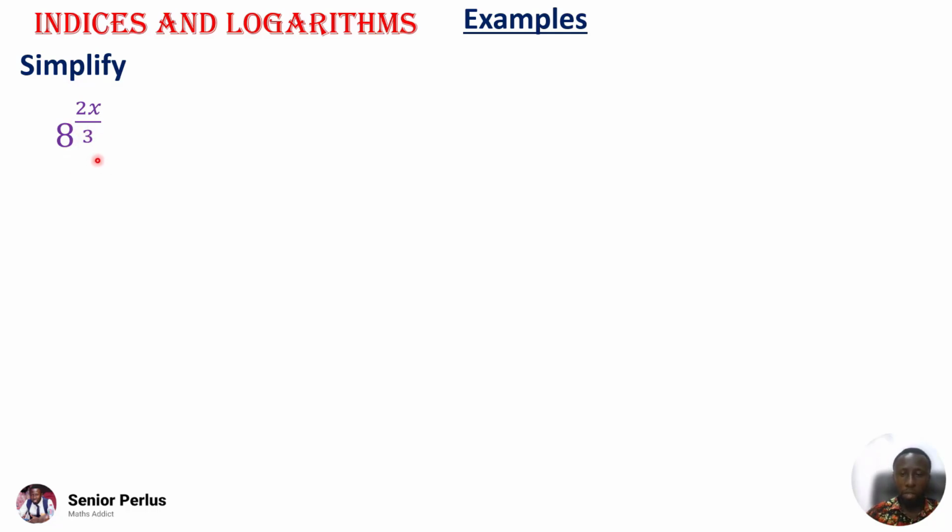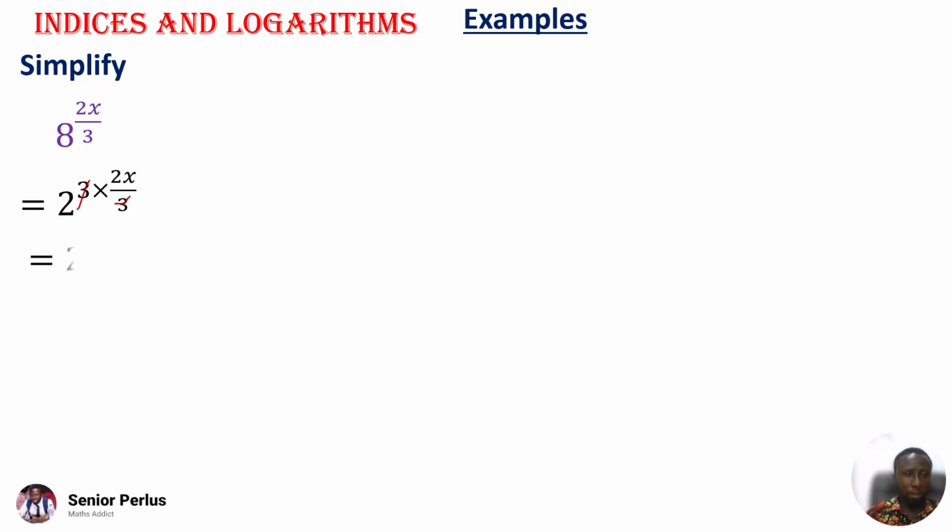So we can use the nth root on our calculator. Yes, I did show you an example on that. The nth root. So the cube root of 8 will give us 2, meaning that 2 to the power 3 will give us 8. So that we get rid of the denominator here. So this will cancel this.